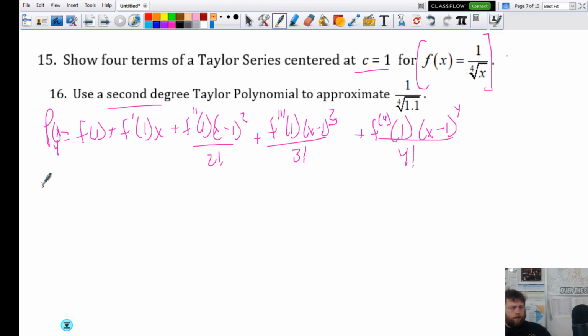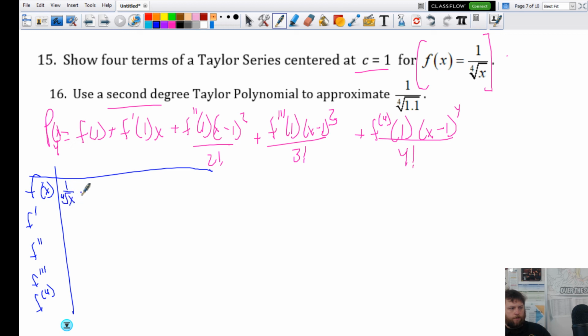Okay, so let's do my table. f of x, f prime, f double prime, f triple prime, f to the 4th prime. f of x, we know our function's 1 over the 4th root of x. And then when we plug in c equals 1, it's just going to be 1 over 1.